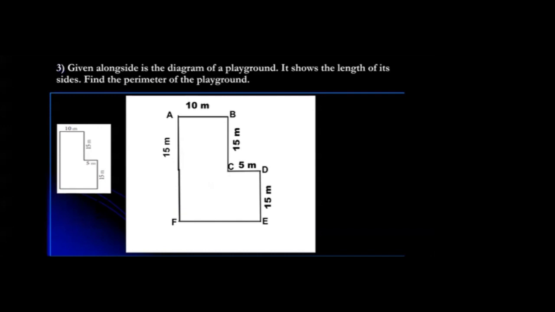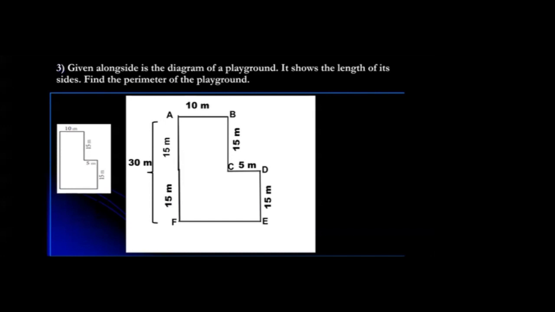Because they are parallel to each other, so the distance between the opposite parallel sides is the same. Therefore, the length of AF is equal to the length of BC plus DE. Therefore, 15 plus 15, it will be 30 meter. So we got one side. AF is equal to BC plus DE. Therefore, AF is 30 meter.